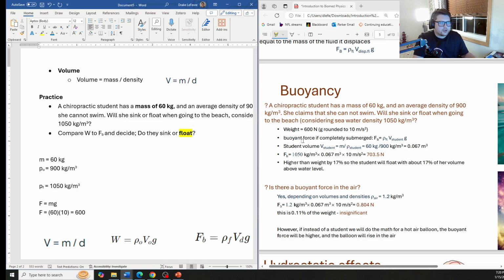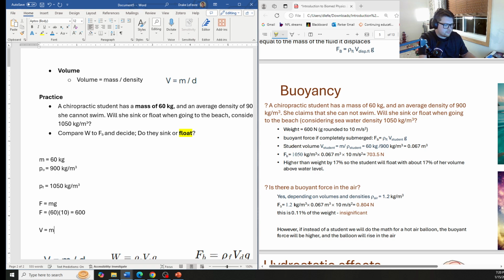The buoyant force, if completely submerged, equals the density of the fluid times the volume displaced. We have the mass, and we have the density of the person. So volume equals mass divided by density.